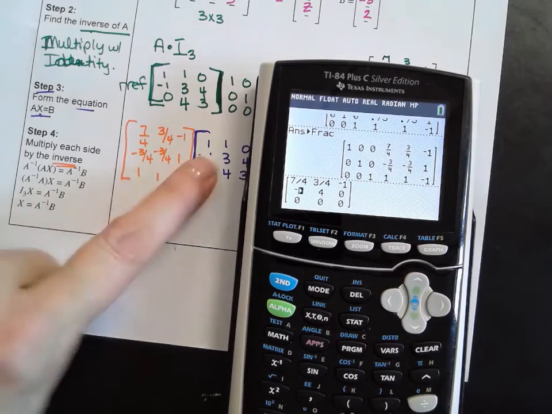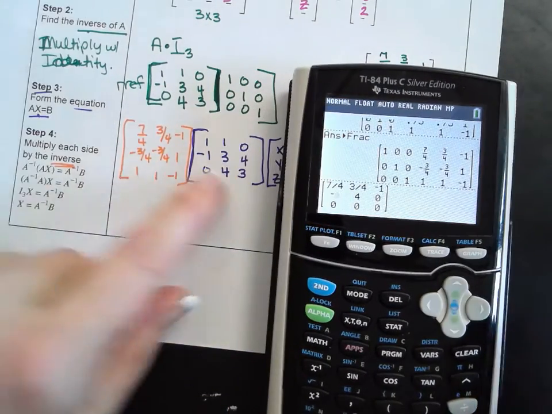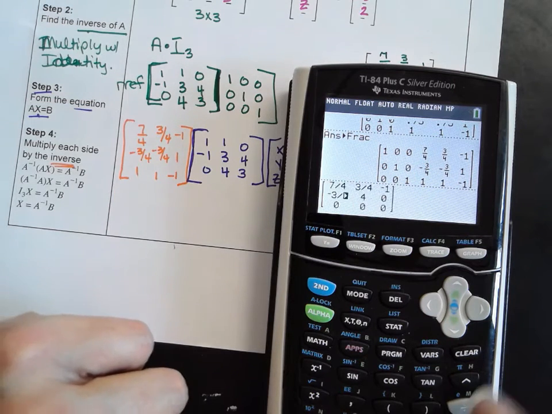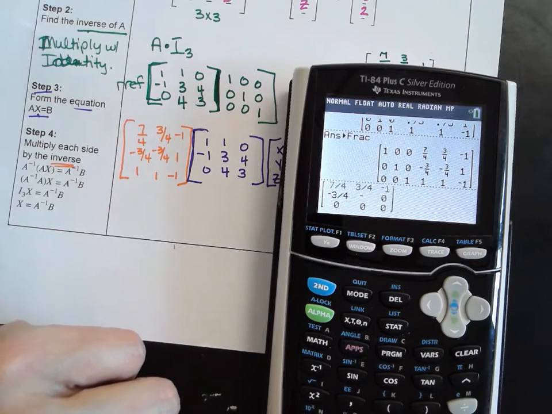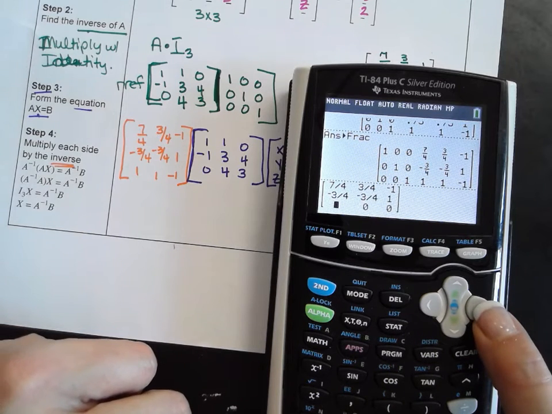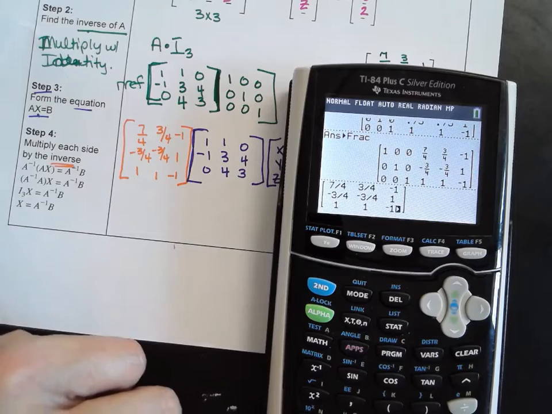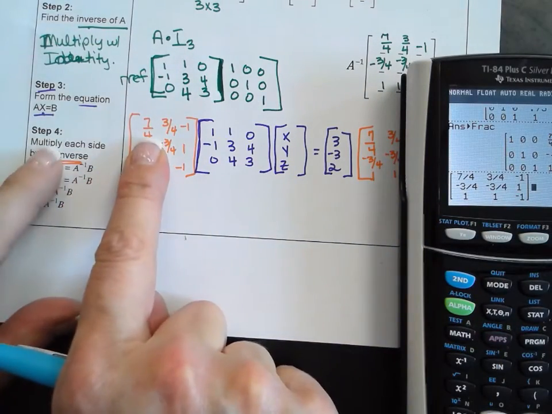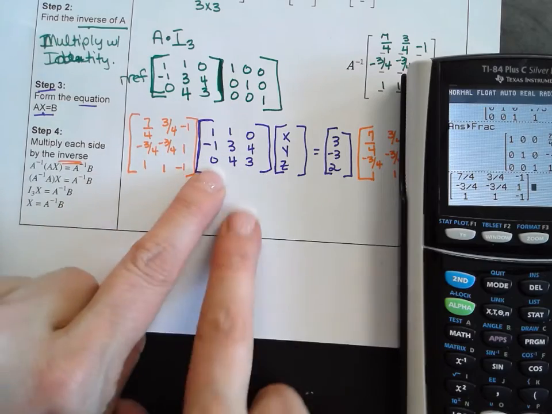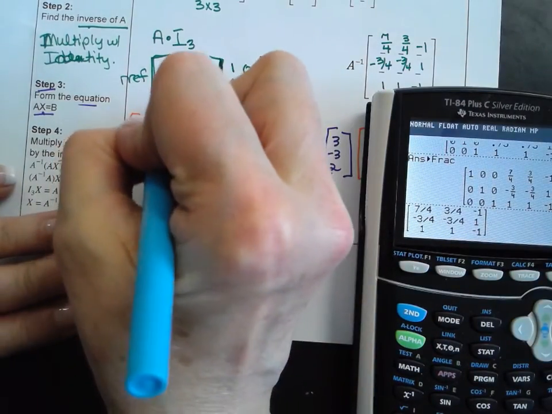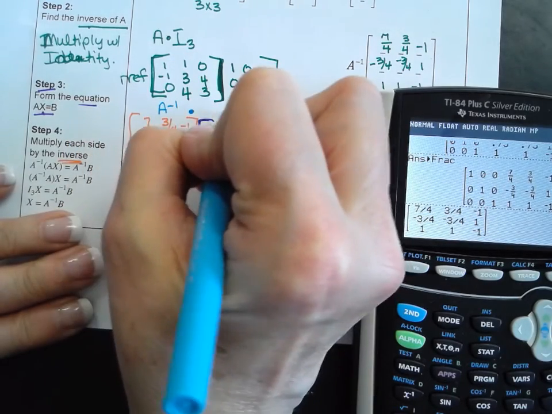We're just multiplying these two together. 4, 3 divided by 4, 1, 1, 1, negative 1. Because on this side, I'm multiplying each side. So now I'm just going to multiply by that inverse. This is like my inverse times my A.